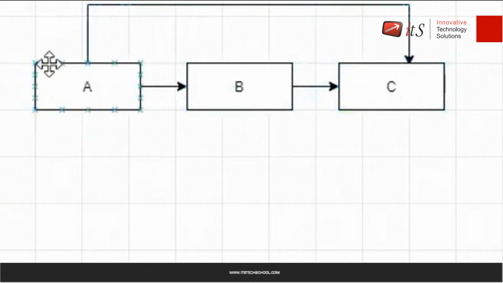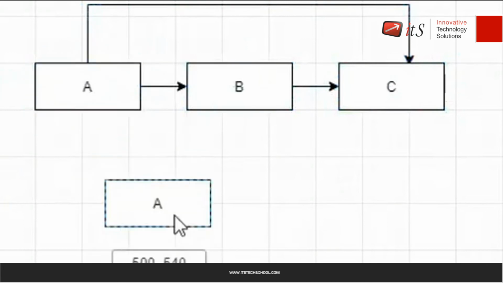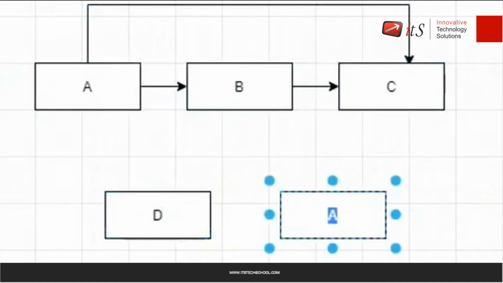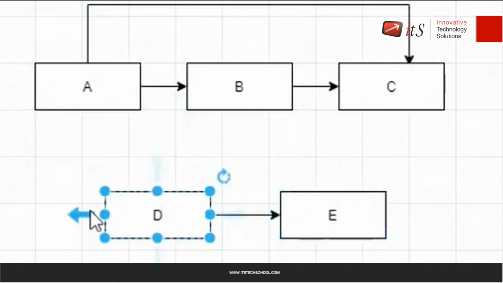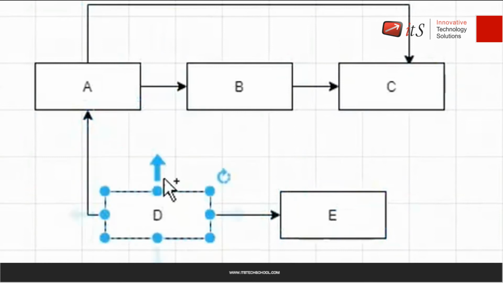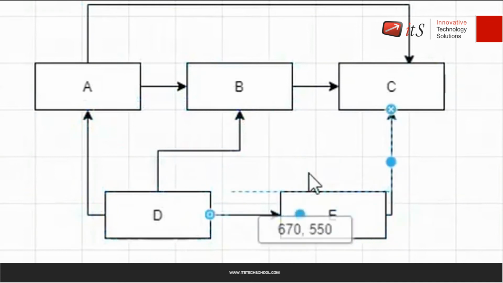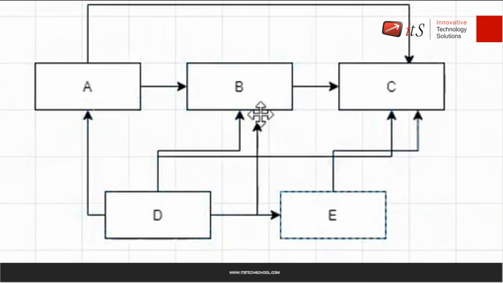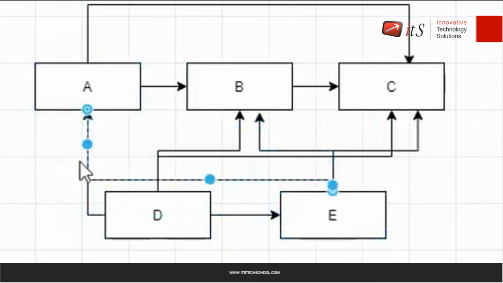If you have multiple VPCs, like say you have one more VPC and one more VPC, let's say D and E, and you want to connect all the VPCs together, you have to connect D to E, then D to A, then D to B, D to C. The same thing with E: E to C, E to D already connected, then E to B and E to A, right?